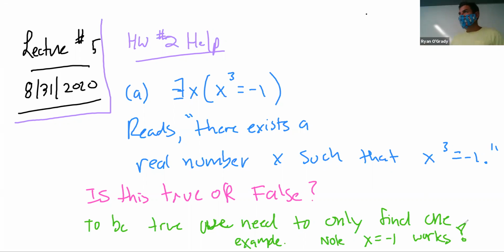If I take -1 and cube it, that's -1 times -1 times -1. The rules of multiplication tell me that is -1, and so that is true. All I needed was to find one. Now, it turns out it's the only number that satisfies this, but we found it, right? So it's a true statement.